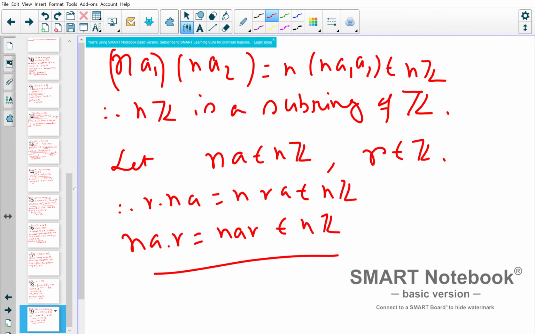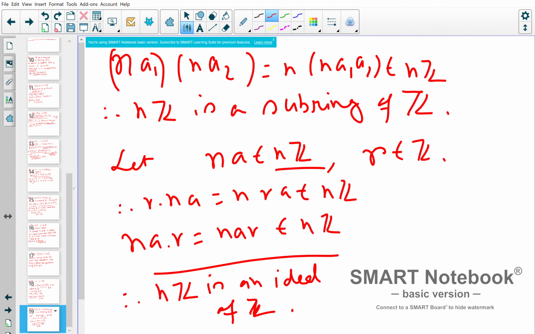So in any case, nZ is a both-sided ideal. Okay, so this tells you that nZ is an ideal of Z, right? Both-sided ideal.